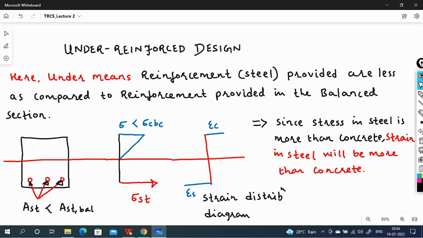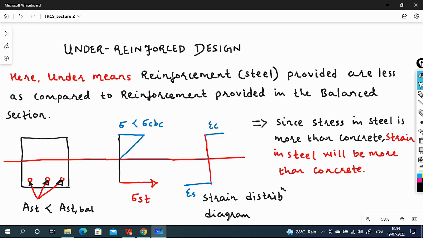And with respect to steel, you see, sigma st is there in under reinforced design, and you also have sigma st in balanced design. The stress in the steel in under reinforced design and the stress in steel in balanced design are the same. So you can say that the strain in steel in under reinforced design is equal to the strain in steel in balanced design.